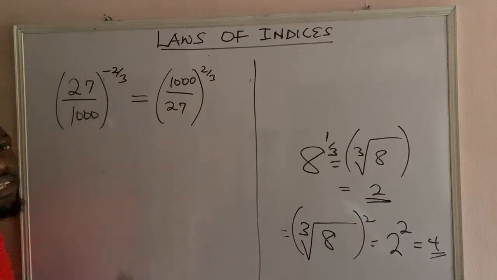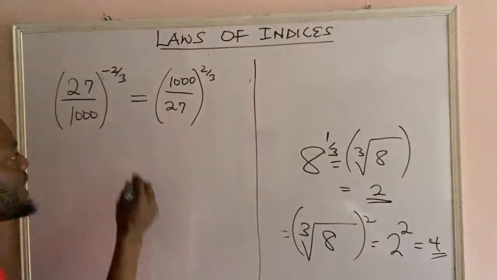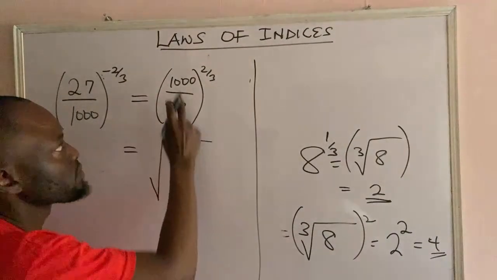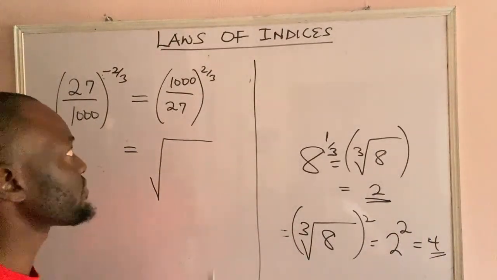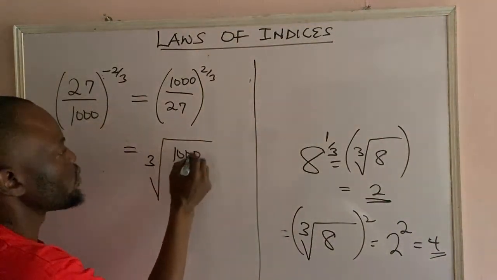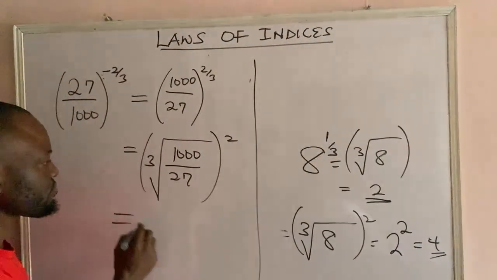So the negative sign goes away. Now the next thing is my fractional denominator will cover everything, because my base is actually 1000 over 27. So it's the third root of 1000 over 27 all to the power of 2.